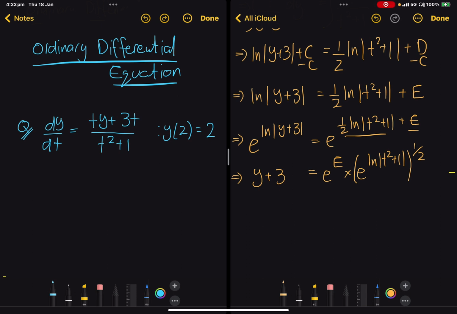Now the e to the log in these brackets, so this becomes y plus 3 is equal to e to the e. Now remember, e was a constant, so e to the e is just a new constant, we'll call it f, times e to the natural log. These now cancel, so this becomes (t squared plus 1) to the half.